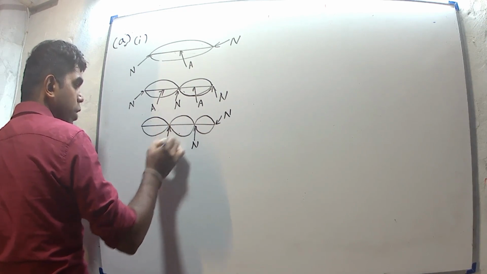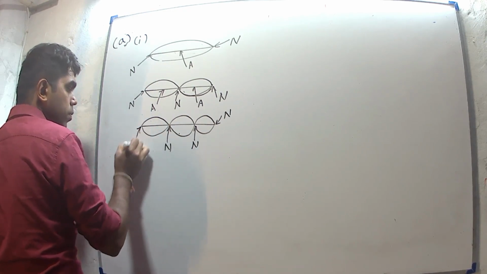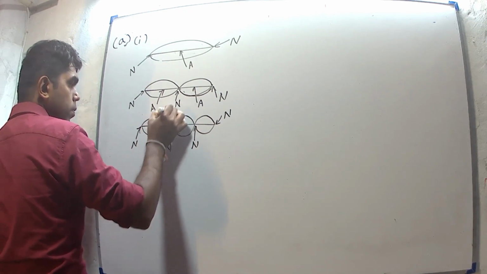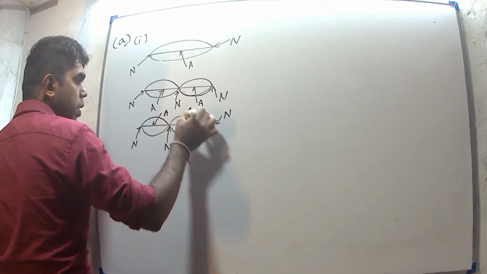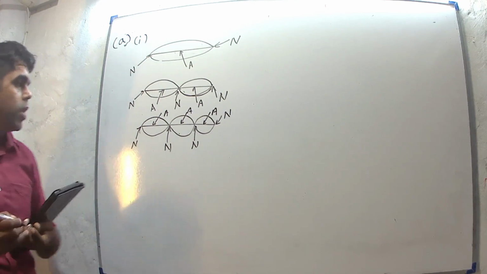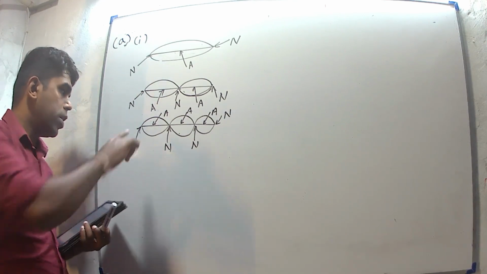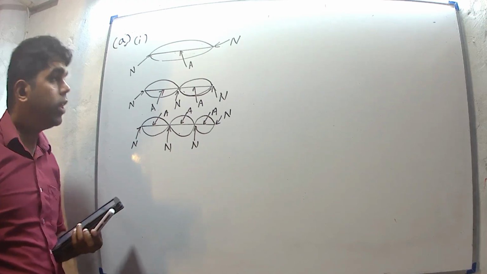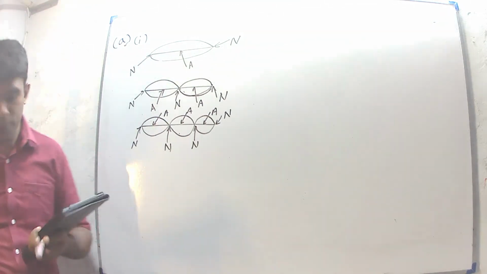We have to mark node and antinode. Antinode means points with the maximum displacement. At the node, displacement is 0.